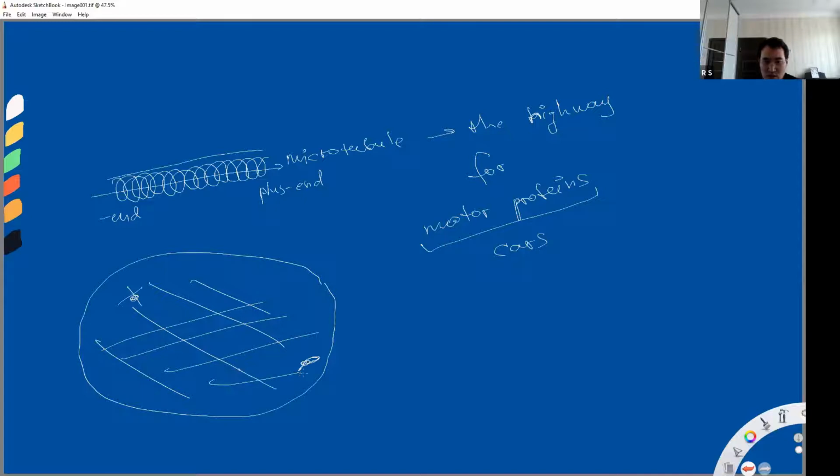So it starts moving on top of this microtubule, and using this mesh of microtubules, it gets to the place. And in this case, our mitochondrion is a cargo, and it is delivered to a destination place, okay?